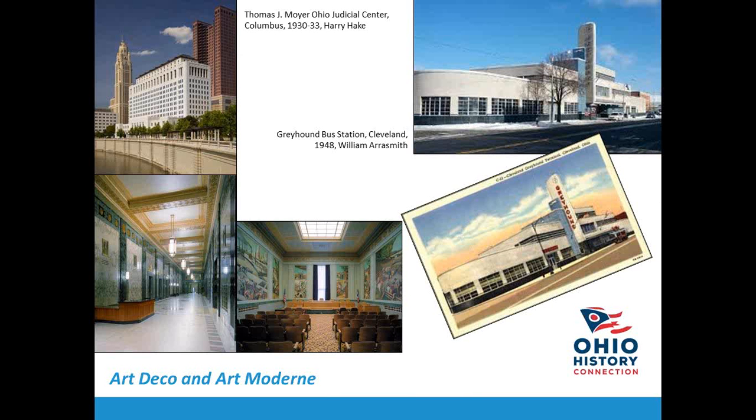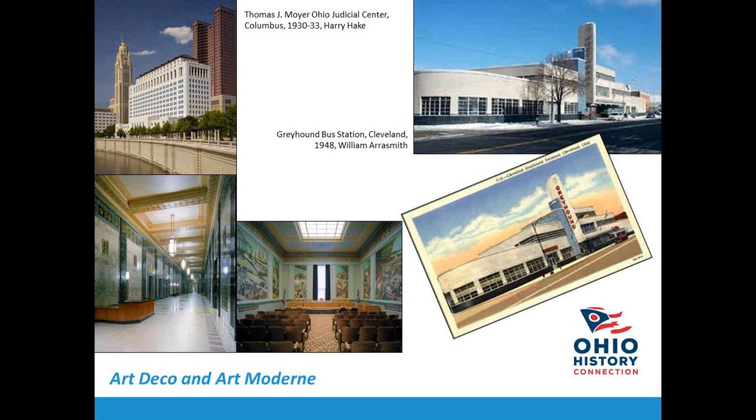So again, these new styles, new materials, but recognizable images, scales, proportion, and ornament. Stripped down classicism, still relying on very traditional interpretations of symmetry, proportion, balance, and a hierarchy of space.